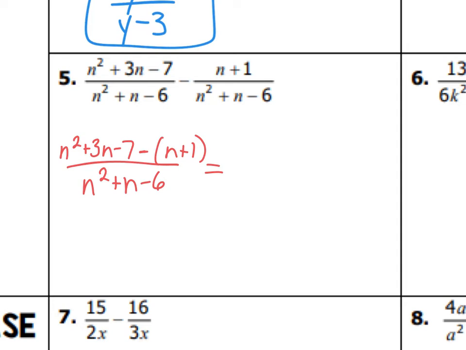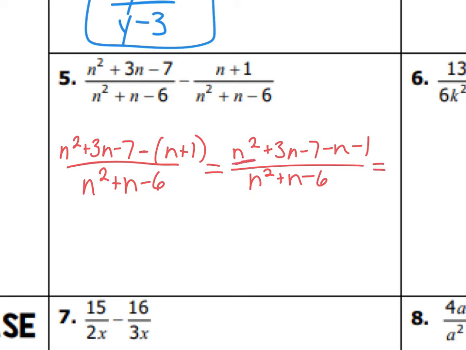Okay, so this becomes n squared plus 3n minus 7 minus n minus 1. Combine like terms. Does n squared have anything on top?